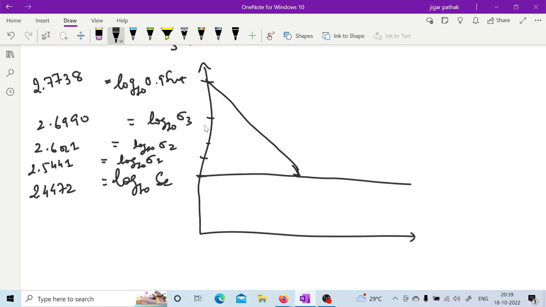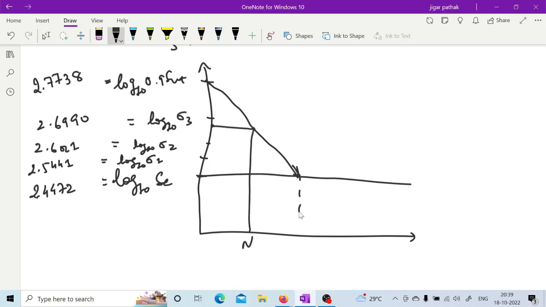Actually, whatever that log sigma will come, right? If we consider a particular sigma right here, not any particular sigma 1 or sigma 2 or sigma 3, but if we consider any sigma, for that the safe number of cycle is this n, right?